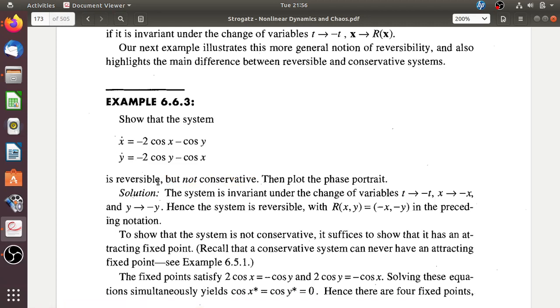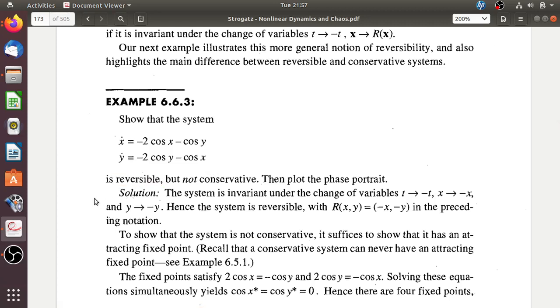If we do the transformation for t and the transformation for y, we will not observe that we regain this form, but if we do this additional transformation, then we will get this form back, okay. I'll leave that as an exercise for you. If you do that, we will get back this form, and therefore it is a reversible system, okay.